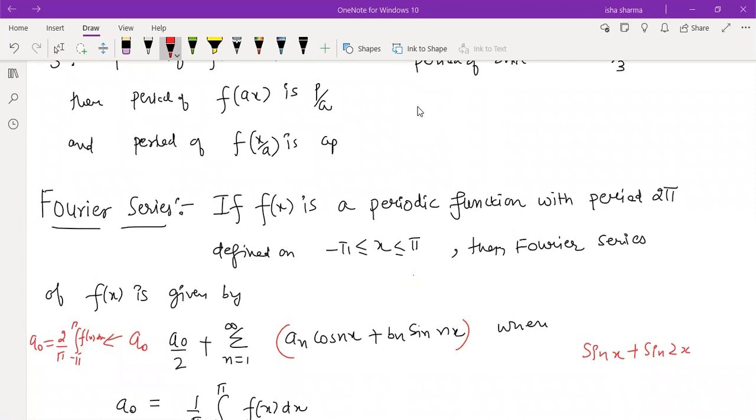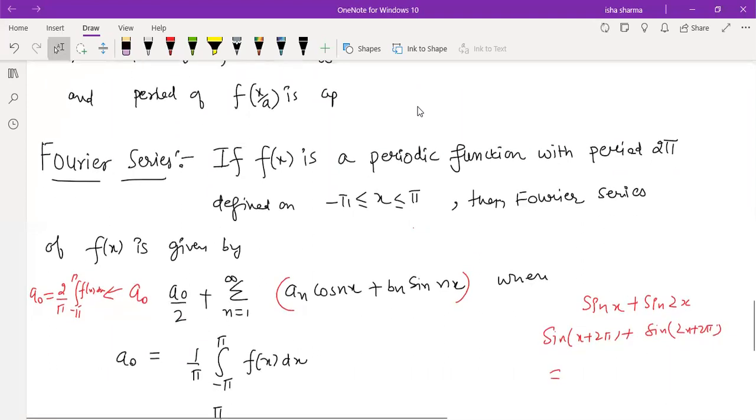It will be 2 pi, because sin x starts repeating values after 2 pi, and sin 2x, although it starts repeating after pi, the sum of them is going to have the largest period, right? If you replace x by x plus 2 pi, you get sin of x plus 2 pi plus sin of 2x plus 2 pi, which is sin x plus sin 2x, so the period is 2 pi.